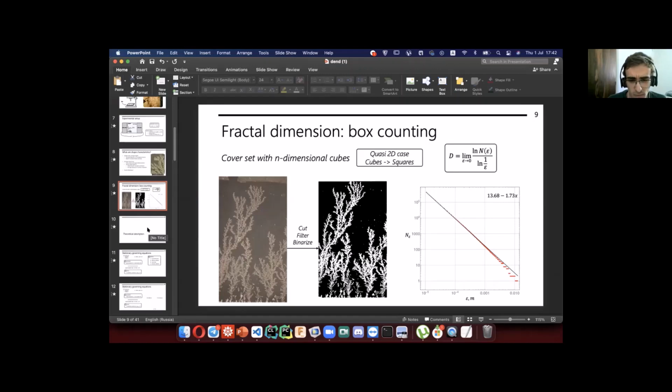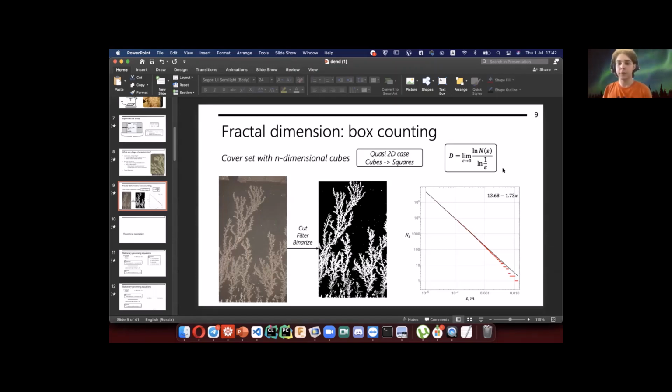So you decided on the definition, and it wasn't quite clear to me why. Did you need to divide this image into squares? What was your point? Okay, so the fractal dimension definition by Minkowski is such a limit. You take your set and keep dividing it into smaller and smaller cells with a side length epsilon.